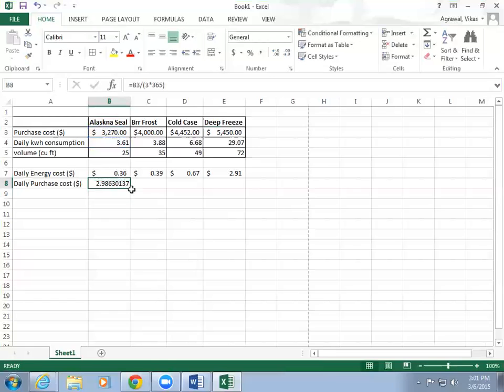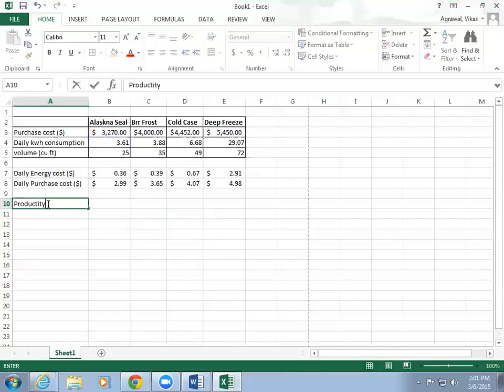And I'm going to copy this to the right, and okay. So that's a done deal, and then all I need to do is use that formula. So I'm going to say productivity is going to be like a cubic feet per dollar input.